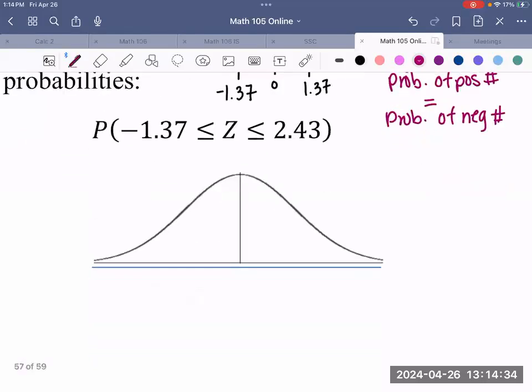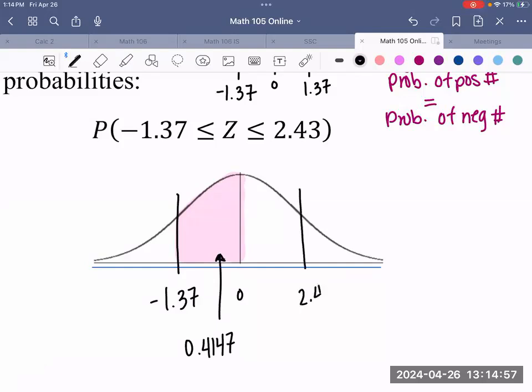So for us, we actually already determined the probability of the negative value. Not that the probability is negative. Our probability should never be negative. So we have here 0.4147, which means we need 2.43. And I'll do that in green.